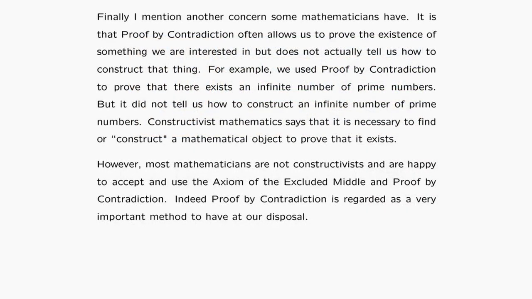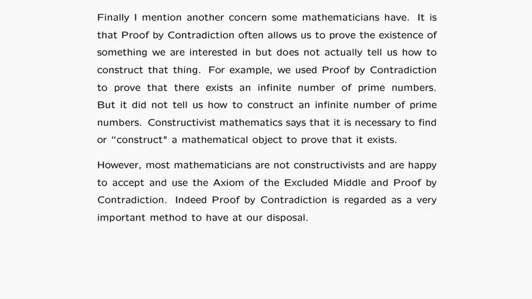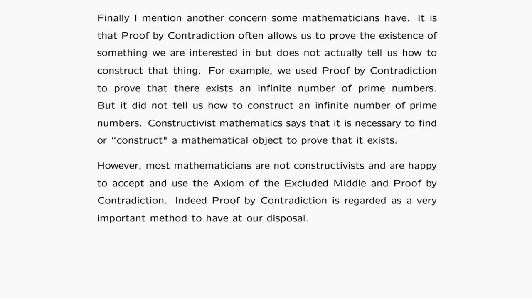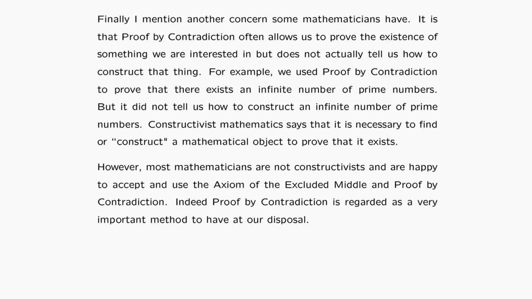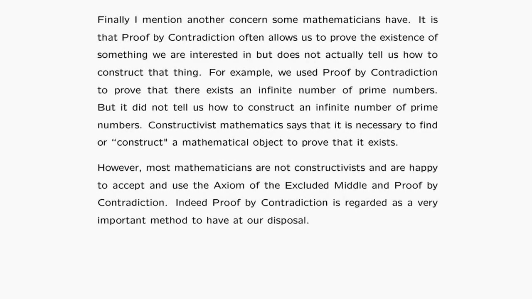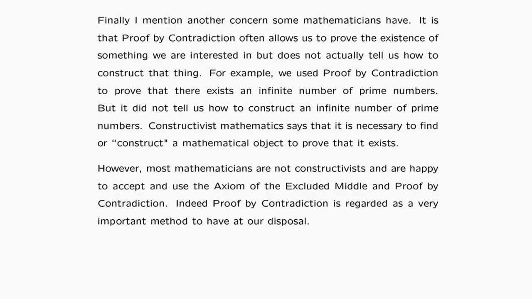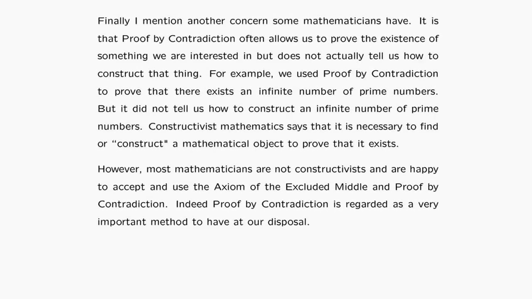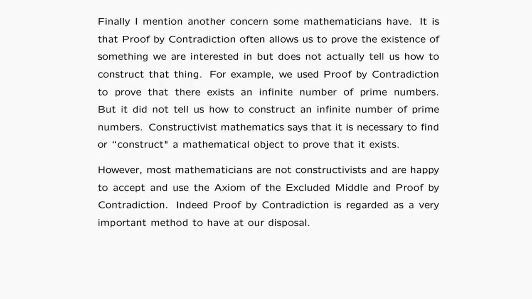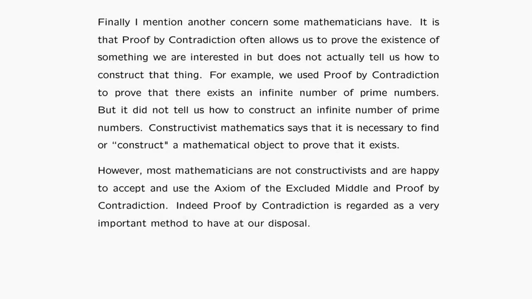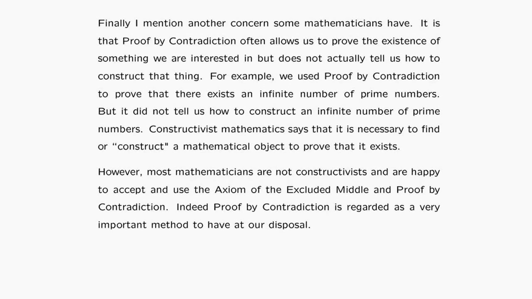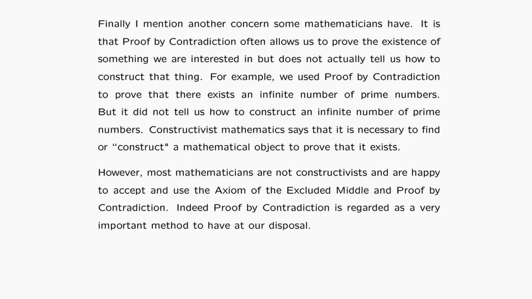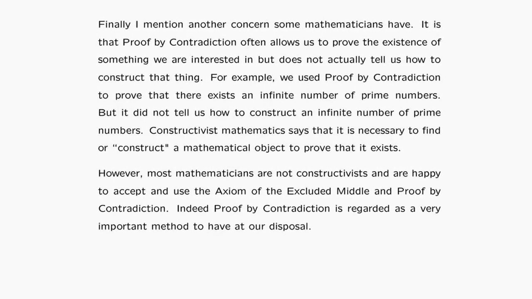Finally, I mention another concern some mathematicians have. It is that proof by contradiction often allows us to prove the existence of something we're interested in, but does not actually tell us how to construct that thing. For example, we used proof by contradiction to prove that there exists an infinite number of prime numbers.